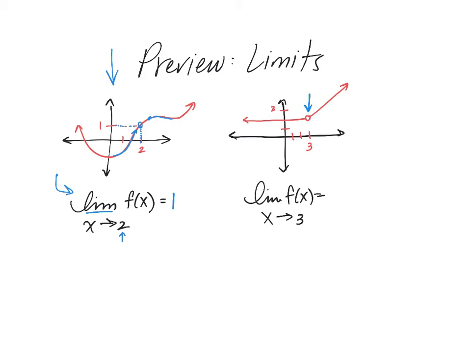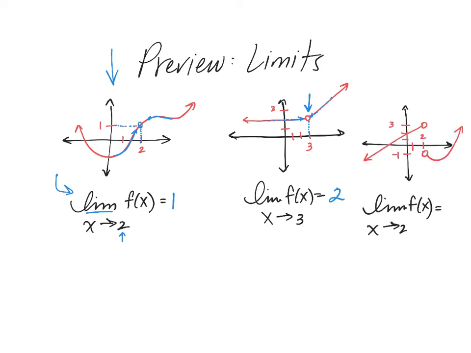So if we were to look at what this function is doing as we get closer and closer to an x value of 3, from the left-hand side, we would predict the y value to be 2. And as we get closer and closer from the right-hand side, we would also predict the y value to be 2. So our limit is 2, even though that's not the function value. Because, again, a limit is what you would predict it to be, not necessarily what it is.